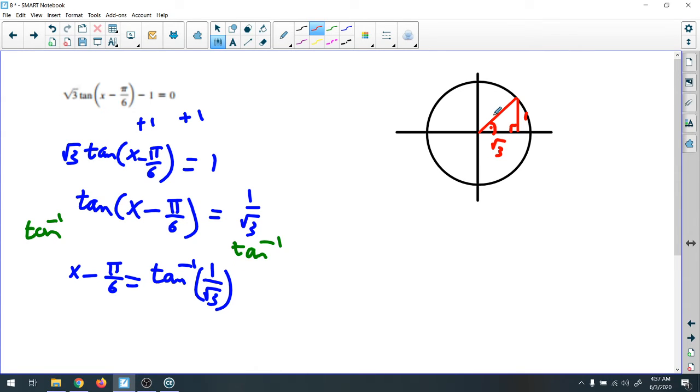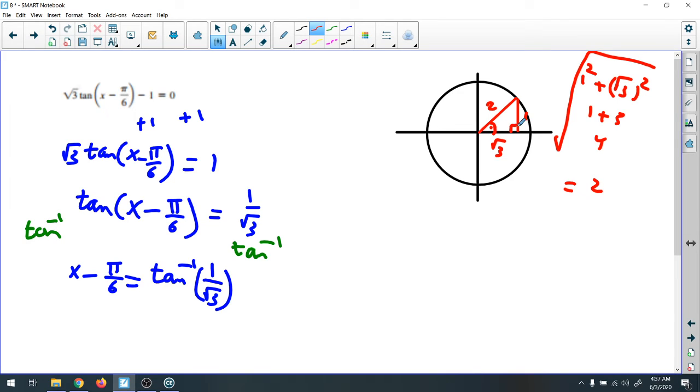And the hypotenuse: 1 squared plus square root of 3 squared is 1 plus 3, which is 4, all under the radical, so it will be 2. So this is 2. This is the condition for 30 degrees. Our angle is 30 degrees.